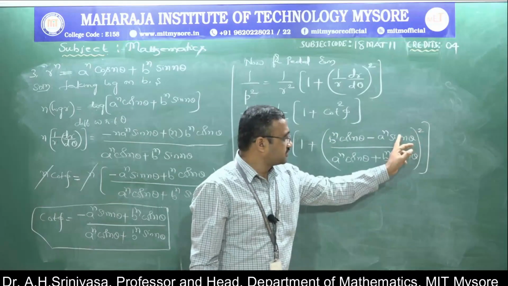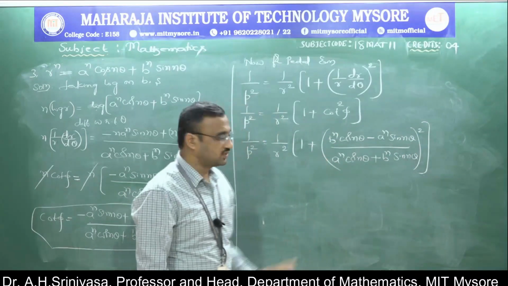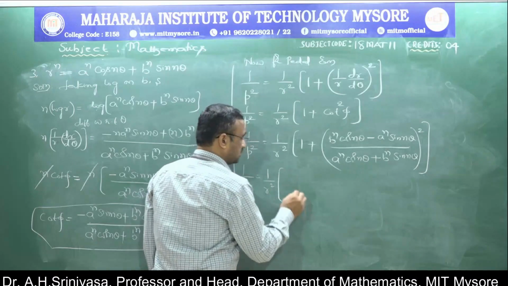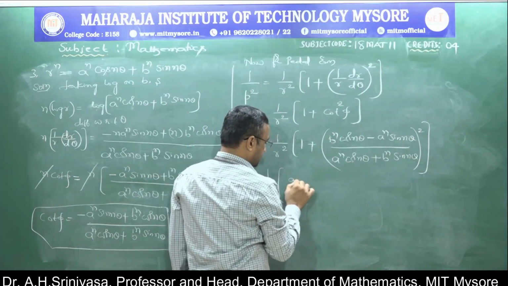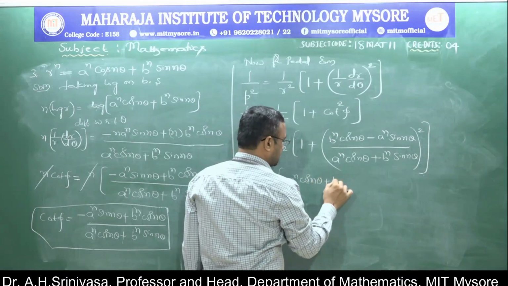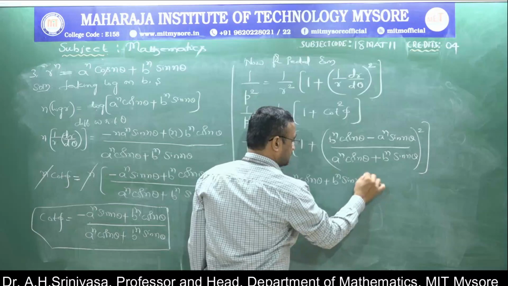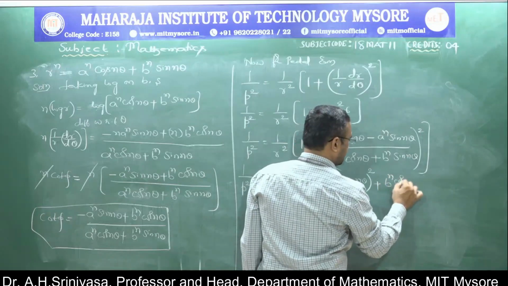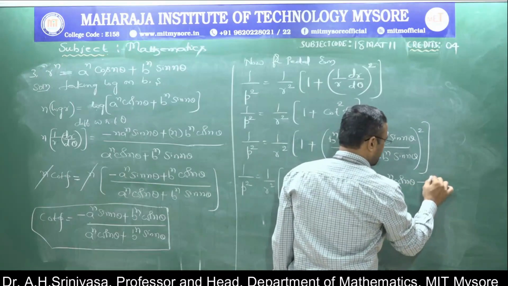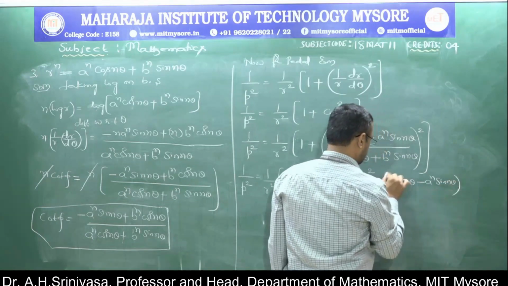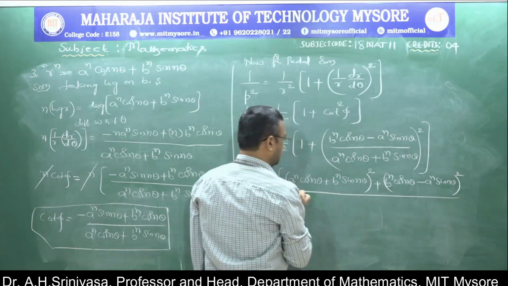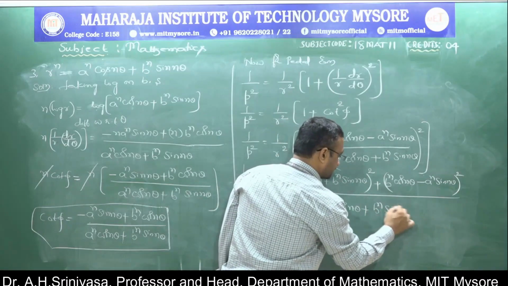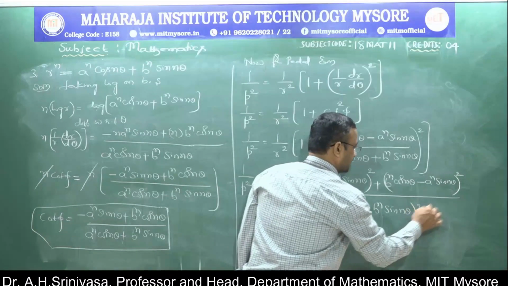Now apply the power to these two functions, then take an LCM and simplify. 1 by p square equal to 1 by r square into, taking the LCM, a power n cos n theta plus b power n sin n theta whole square plus b power n cos n theta minus a power n sin n theta whole square, then all divided by a power n cos n theta plus b power n sin n theta whole square.